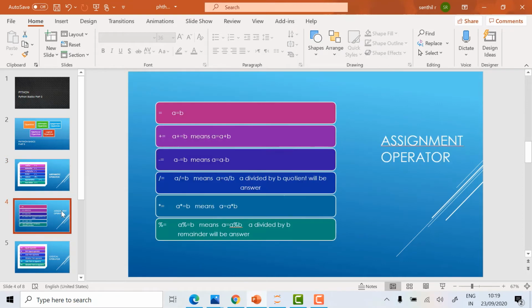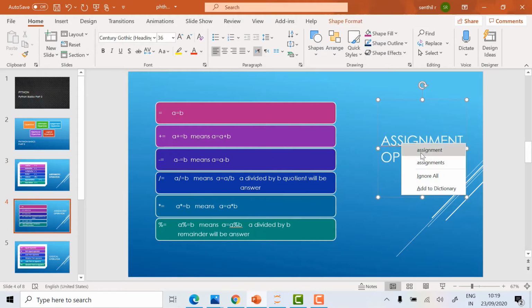Next is the assignment operator. Same as in C, we have assignment operators: A equal to B, A plus equal to B, A minus equal to B, A slash equal to B. What's the meaning of plus equal to?